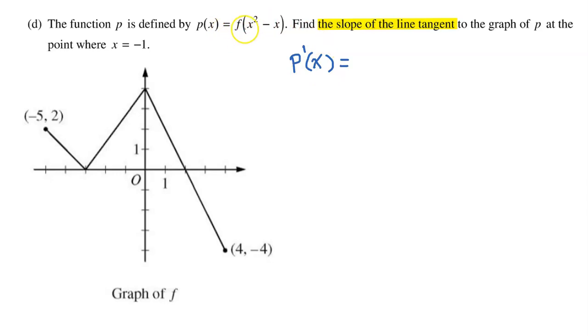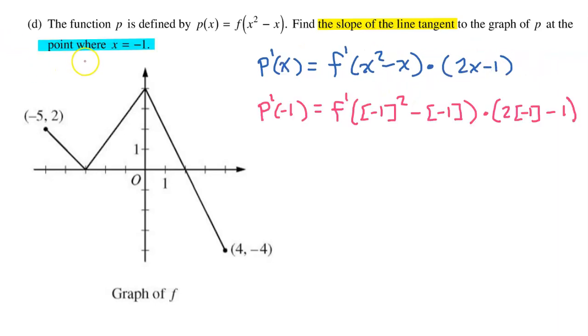We are going to have to use the chain rule. So we start by taking the derivative of the outer function. So I will write f prime of x squared minus x. But then we multiply by the derivative of the inner function. So I'm going to multiply by 2x minus 1.